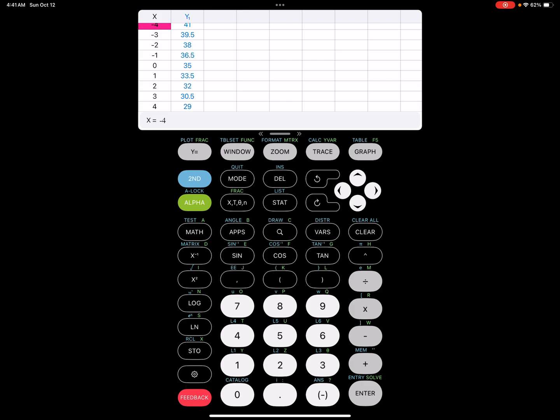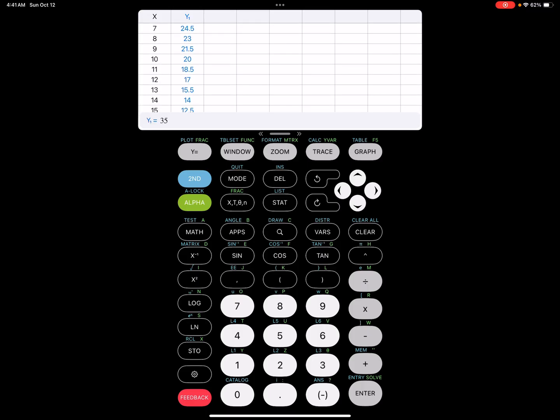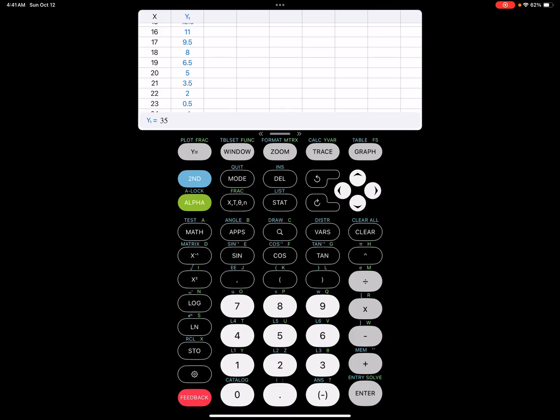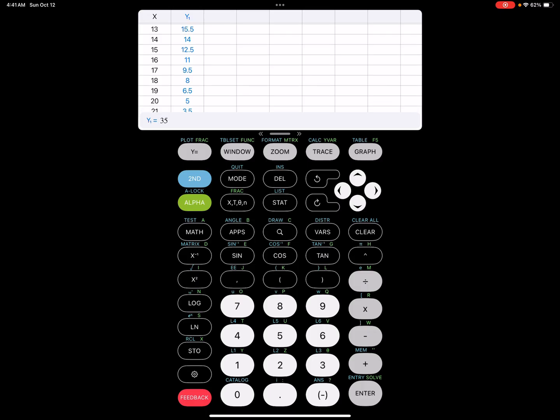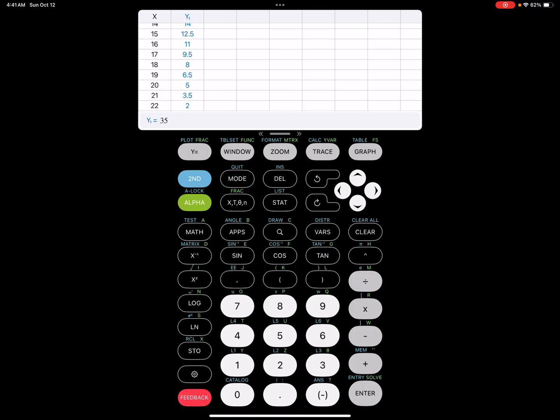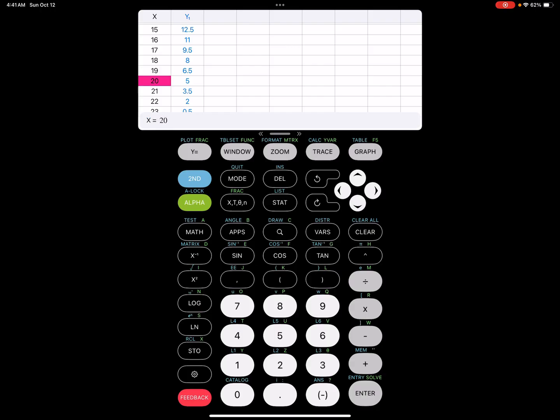So I'm going to write 0, 35, which is right here. And then another one I could do would be maybe when y is 0. I don't see that, but I could do maybe 20 and 5. So I'll do 0, 35, and then 20, 5.